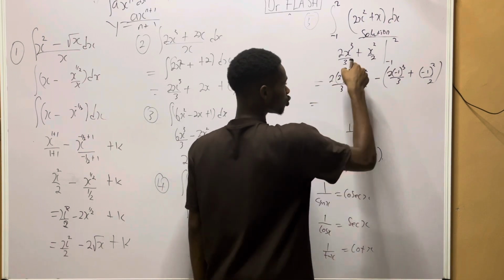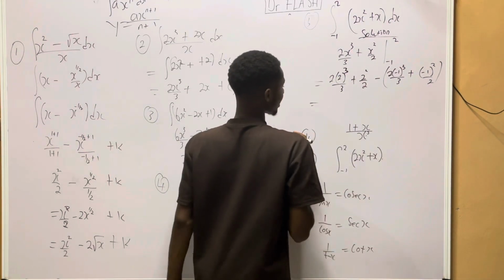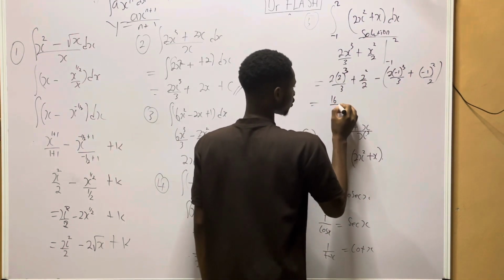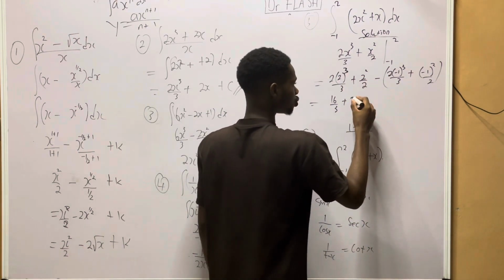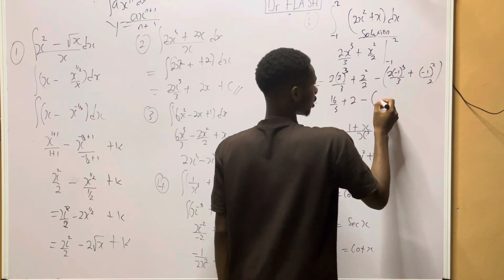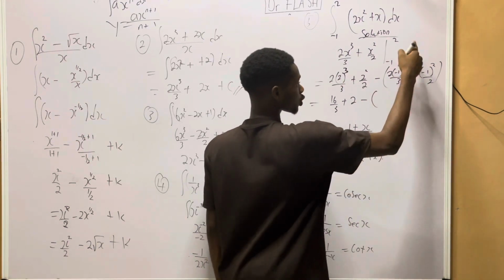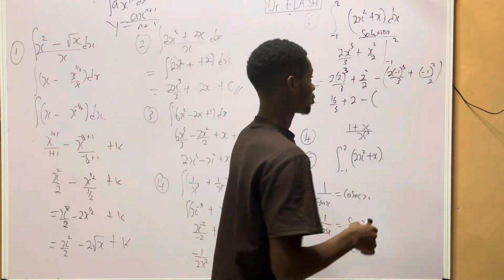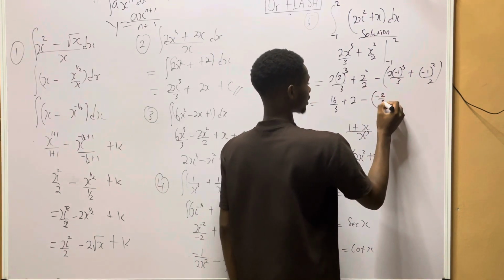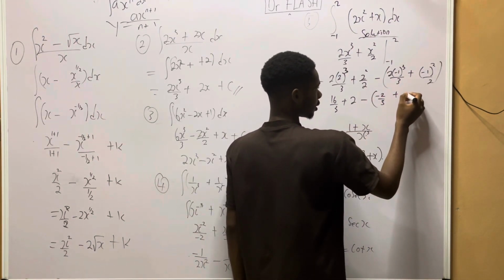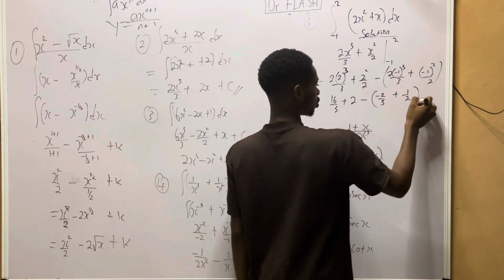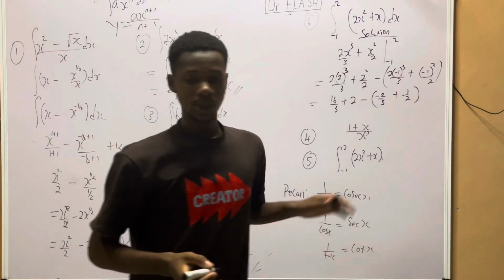Now, simplifying this, 2 cubed is 8 times 2, that's 16, so you have 16 over 3 plus 2 squared is 4 over 2, that's 2, minus, minus 1 cubed is minus 1 times 2, that's minus 2 over 3, plus minus 1 squared is 1 over 2. So I'm going to take out the parts.